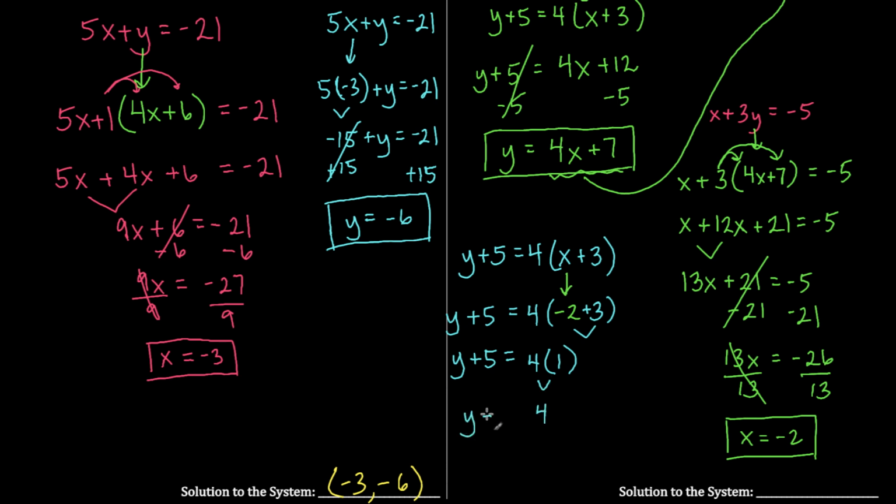I get y plus 5 equals 4. Subtract 5, subtract 5. And I get y equals 4 minus 5 is negative 1. So my solution here will be x comma y, which is negative 2, negative 1. All right, so let's go to the next page.